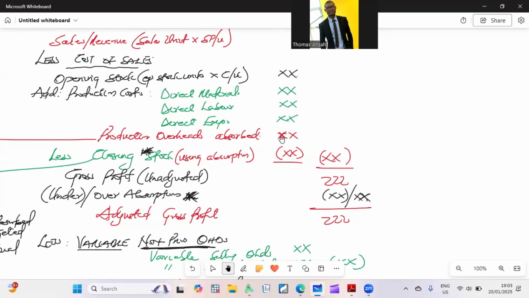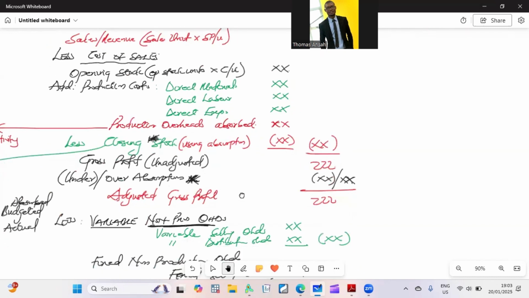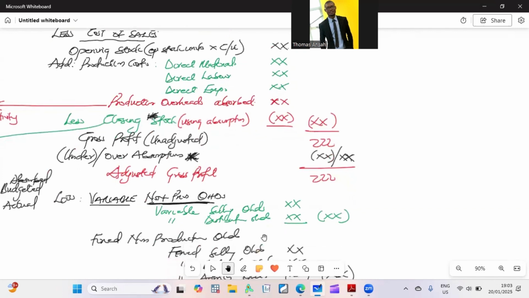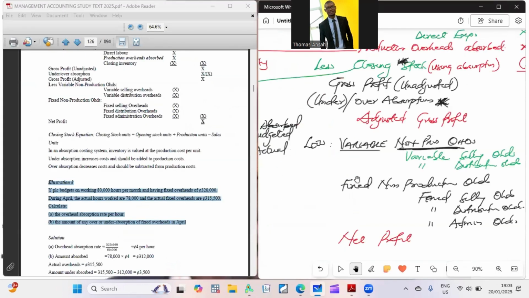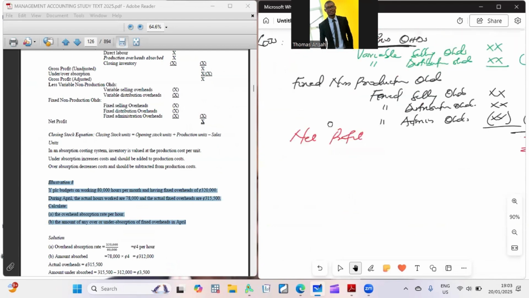You less your cost of sales that you have done using the absorption system, so take note of that. Then you adjust it with your over and under absorption, and you get your adjusted gross profit. Then you less all your non-production overheads, either fixed or variable. So we're going to look at this question.